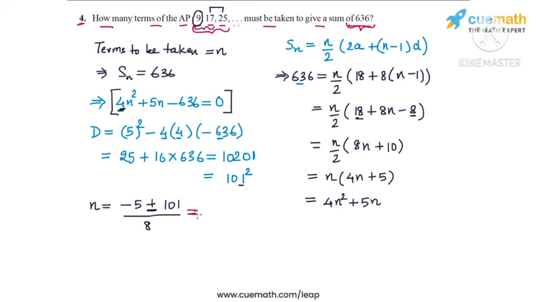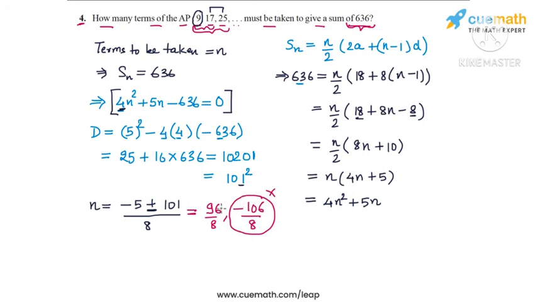If I take the plus sign, I get minus 5 plus 101 by 8, so that's 96 by 8. And if I take the minus sign, I get minus 5 minus 101 by 8, so I get minus 106 by 8. Now clearly this root is invalid because it gives us a non-integer, non-positive value of n.